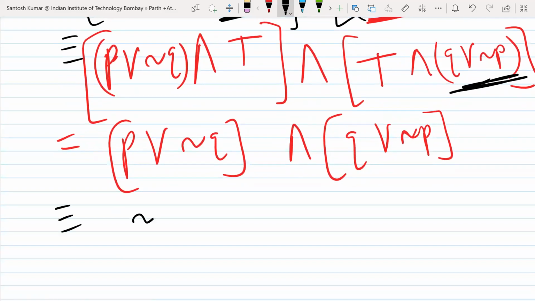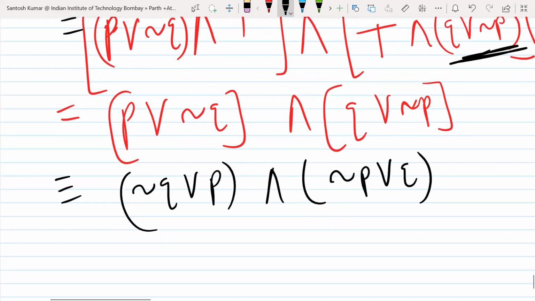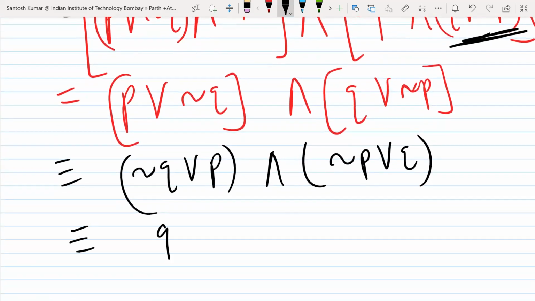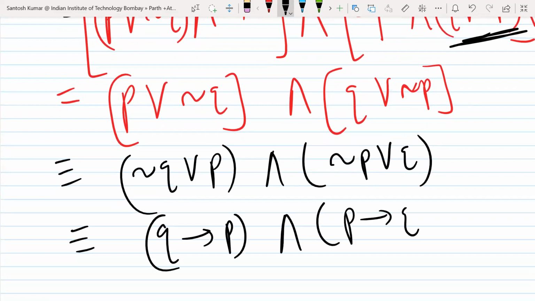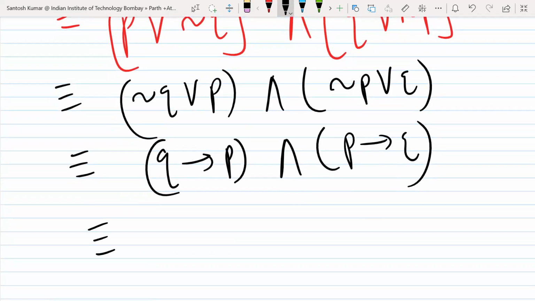I can write it as not Q or P, and I can write it as not P or Q, because it is commutative. A or B is same as B or A. And this is nothing but Q implies P, and this is nothing but P implies Q. So what do you get? P if and only if Q.